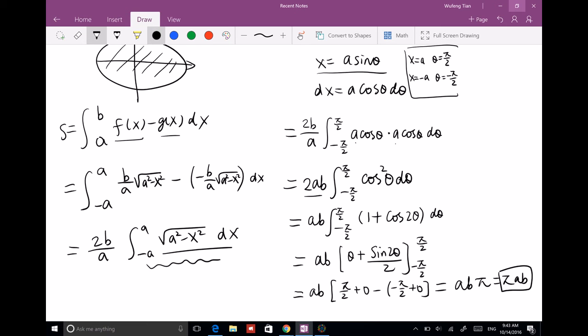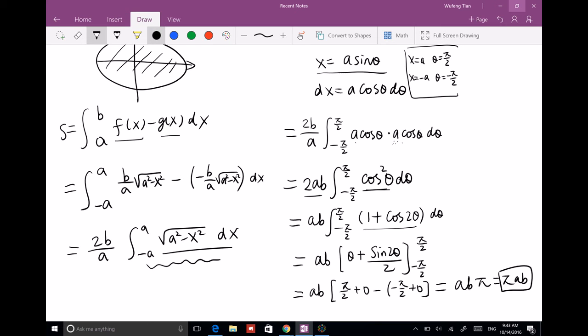Then it will simplify your integral a lot. Most likely you just take it out and cancel the a. It's just a cosine theta square. Power reduction formula, and take that, plug it in, you get the final answer is pi a b.